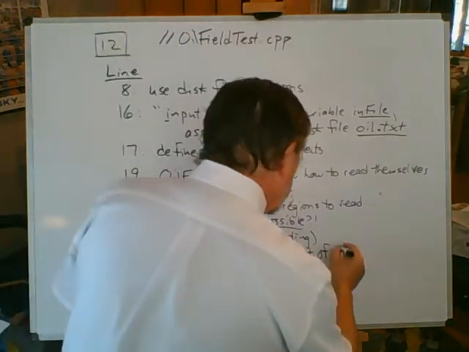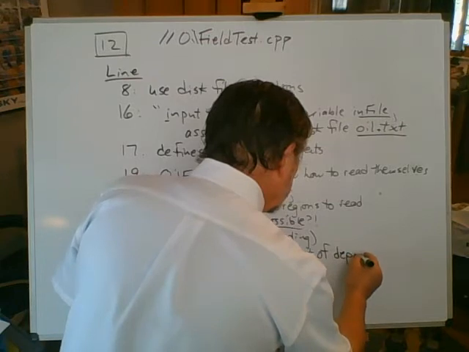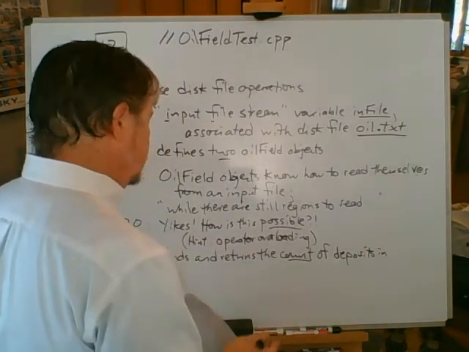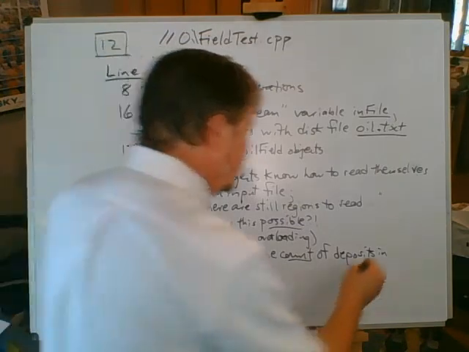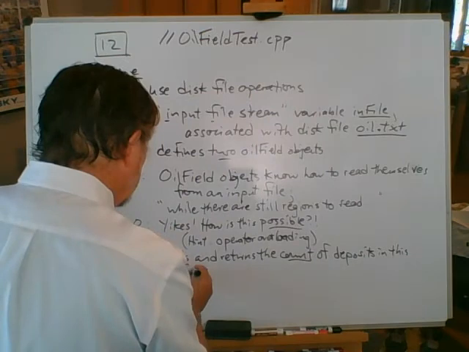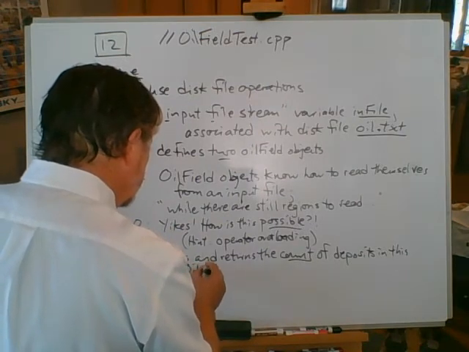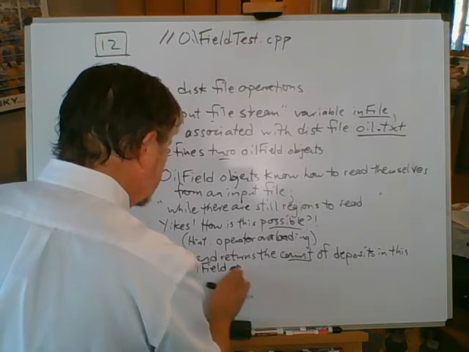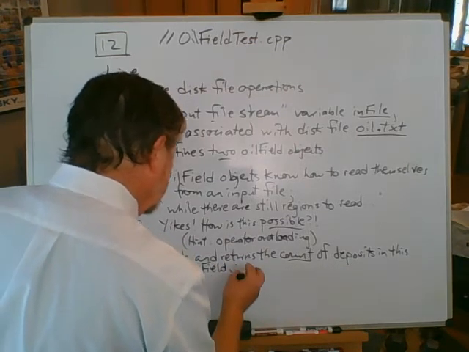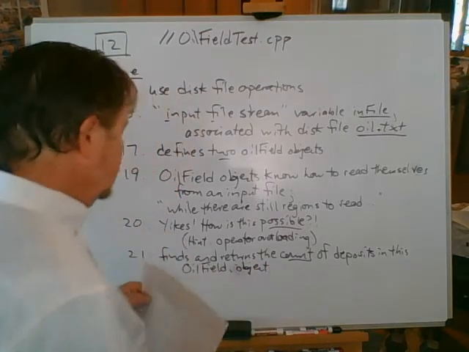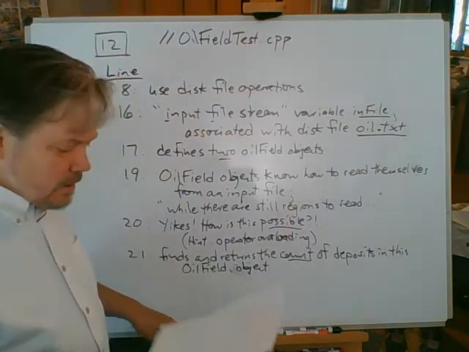Finds and returns the count of deposits. And instead of saying current oil field, I'll say in this oil field. And I'll use capital O, this oil field object. Object with a V. Finds and returns the count of deposits in this oil field object.